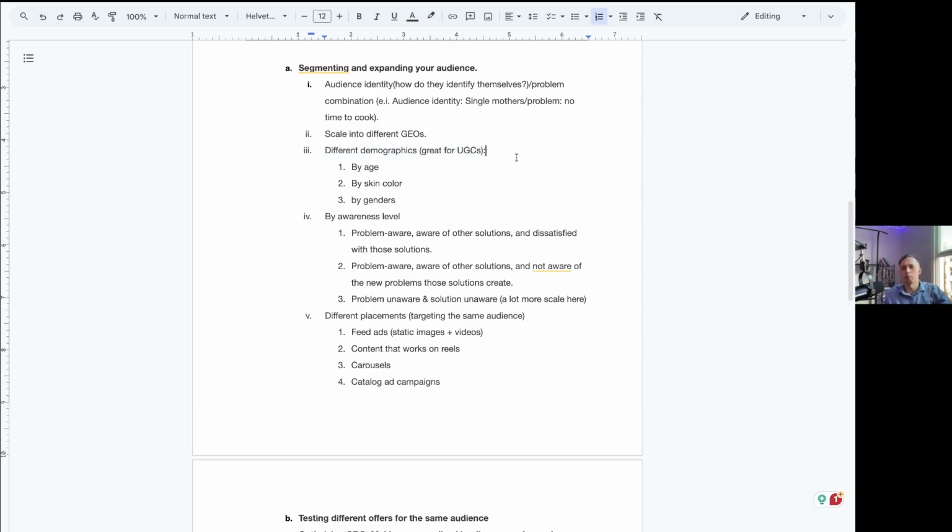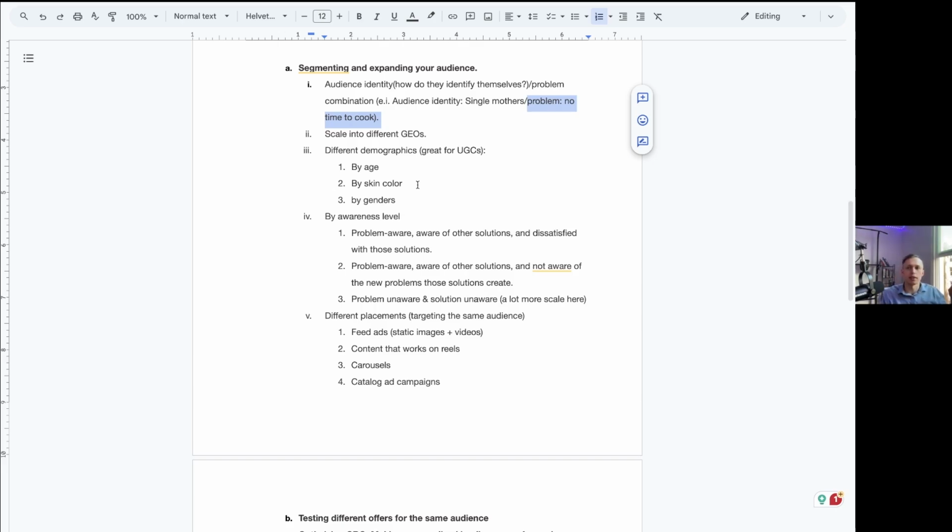And then different demographics. So let's say you have a campaign that works for one audience and it solves one problem. But you have different age groups in that audience, and they have different skin colors, maybe different genders. So you can create a campaign specifically for that age, skin color, gender combination potentially. You can start with, let's say, gender.